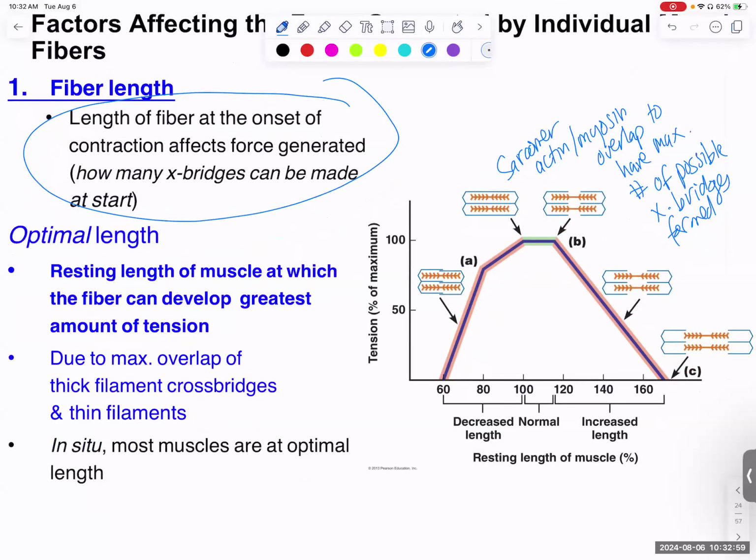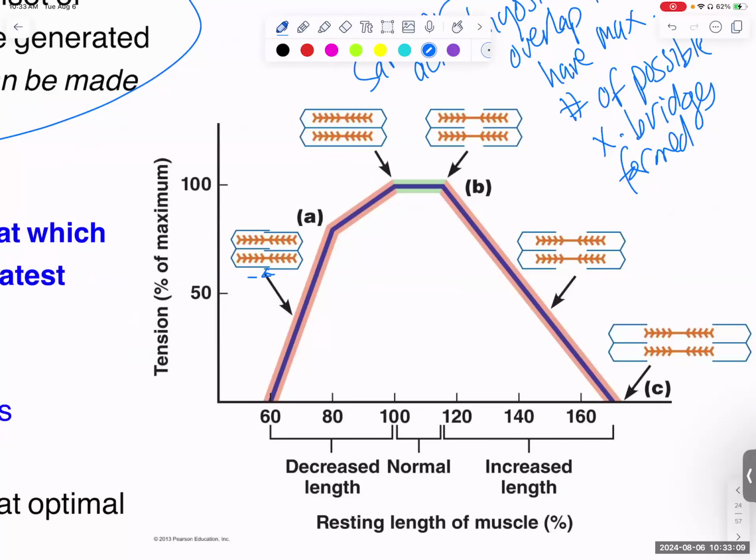So the resting length at which a muscle fiber can develop the max tension, it has to have the max overlap of actin and myosin. And so if we look at here, actin's already fully overlapped, and so you're not going to have max tension because you can't really go much farther. There's too much overlap. From here to here, this is where the max number of possible cross bridges can form. And so that's your optimal overlap.